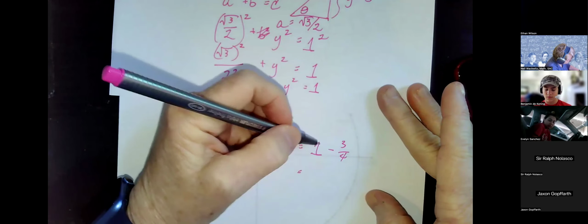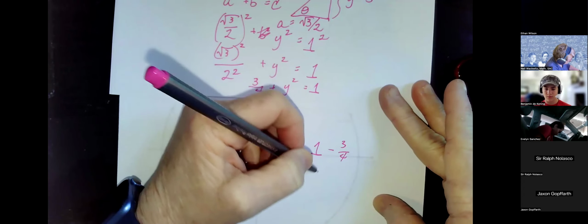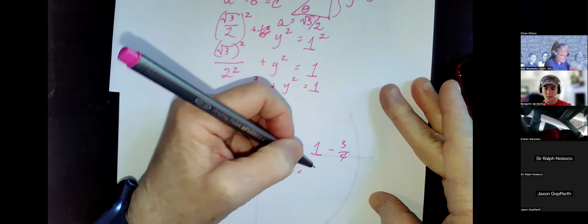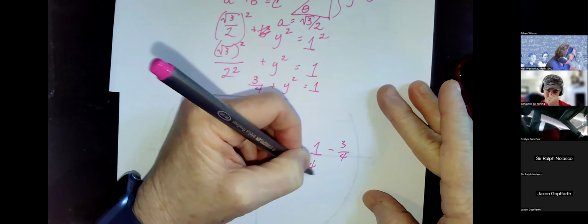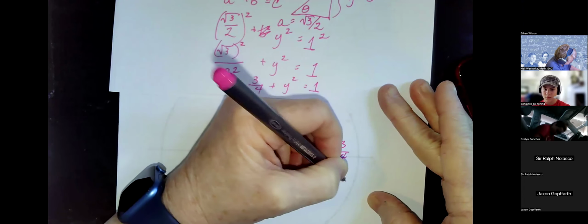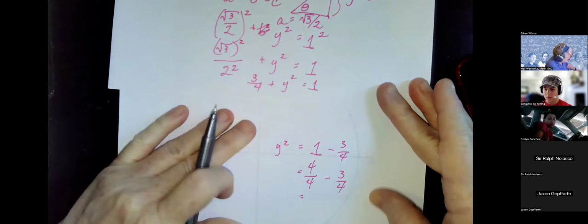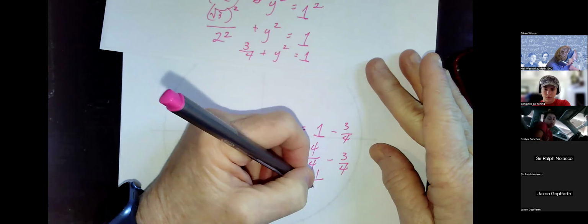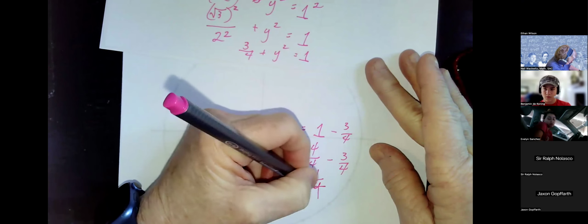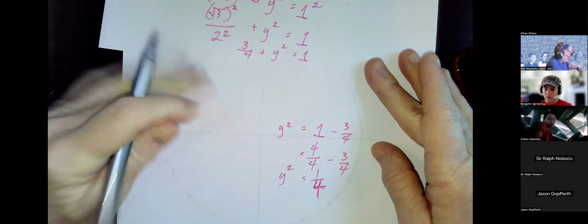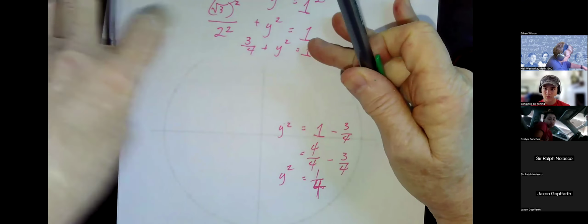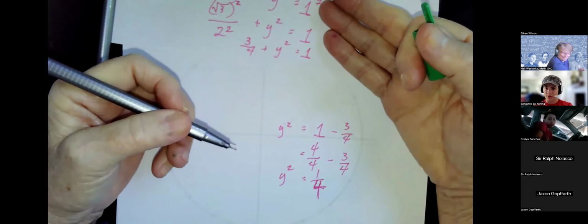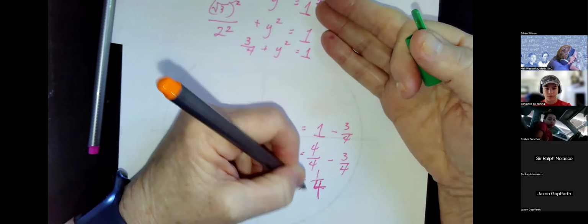The 1 becomes 4 over 4, minus 3/4, and 1/4 equals y squared. Good. And what was I hammering on about earlier? When we take the square root, we can't forget the plus or minus. That's right.